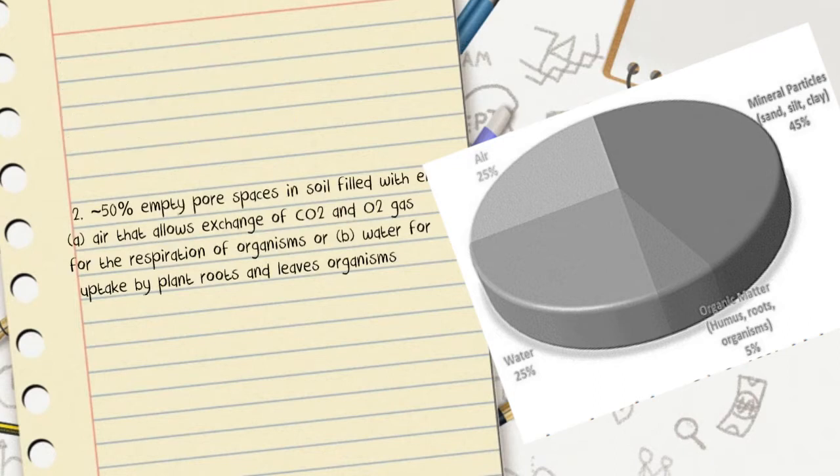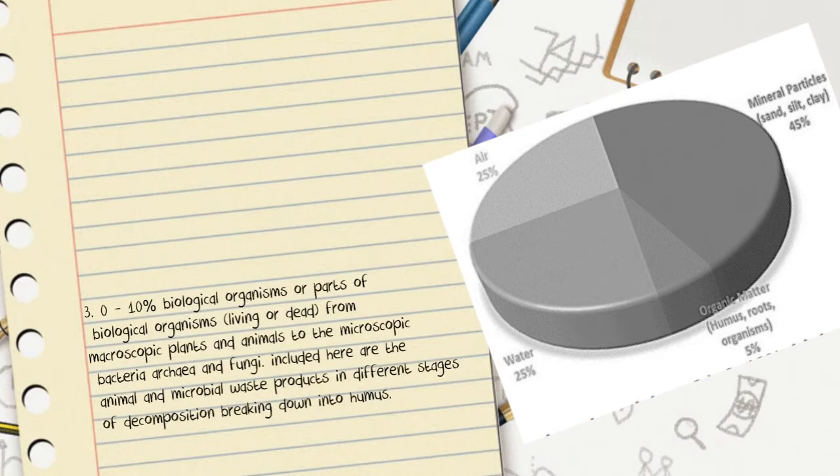About 50% is empty pore spaces in soil, filled with either air that allows exchange of carbon dioxide and oxygen gas for the respiration of organisms, or water for uptake by plant roots and organisms. And 0 to 10% is biological organisms or parts of biological organisms, living or dead, from microscopic plants and animals to the microscopic bacteria, archaea, and fungi.